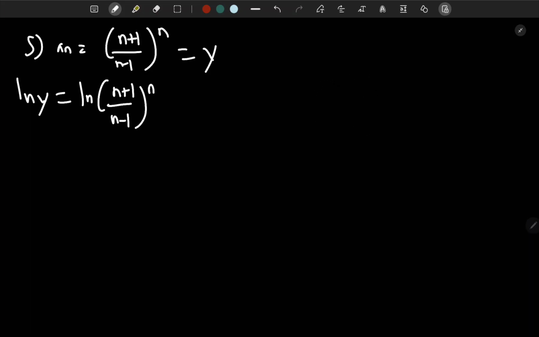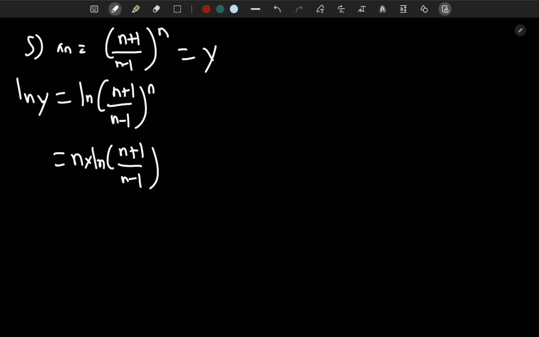Here I'm going to leave this part for now and just simplify the right hand side. So it's going to be equal to n times ln of (n plus 1 over n minus 1). Now we need to somehow convert this into a fraction so that we can use L'Hopital's rule.